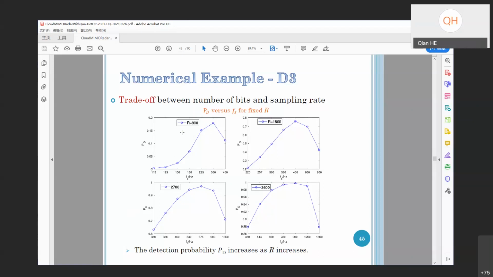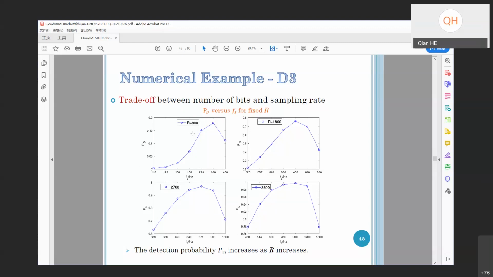So you see, if you increase the bit rate from like 900 to like 3,600, you can see overall the PD increases. If you look closely at these values, you can see this 0.2, 0.8, this is 1, this is 1, and this is 0.6, this is 0.88. So generally, as long as you increase the bit rate, the performance will be increased.